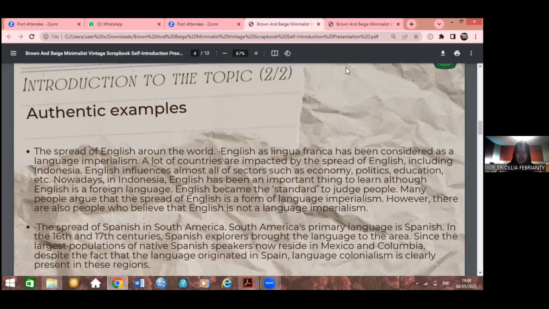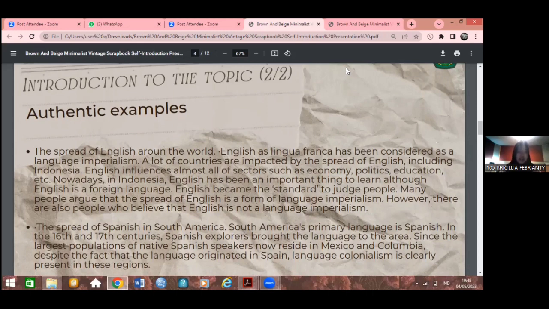Many people argue that the spread of English is a form of language imperialism. However, there are also people who believe that English is not language imperialism.